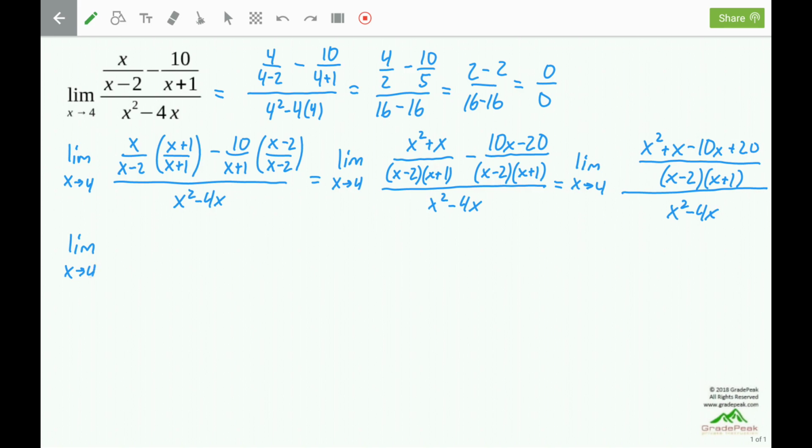The next thing to do is combine together any like terms of the two fractions we combined. We have that x minus that 10x. We will be able to combine those.